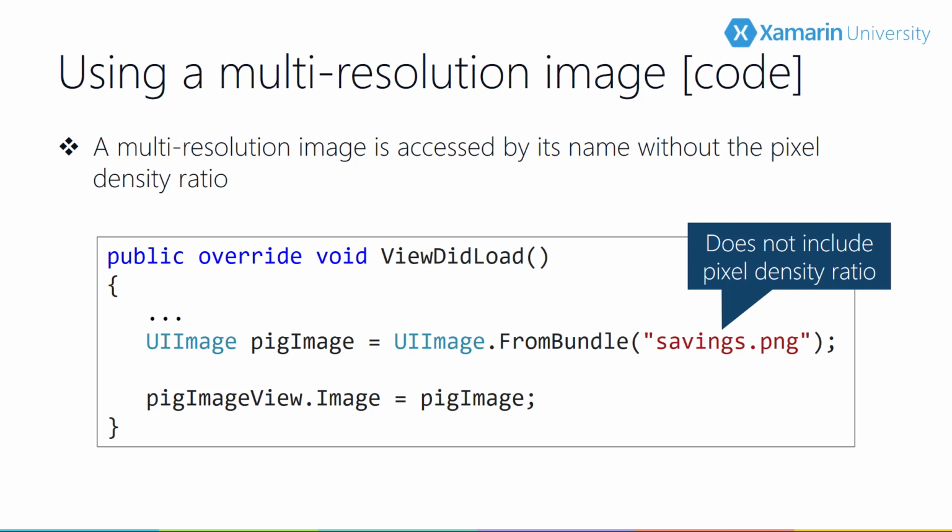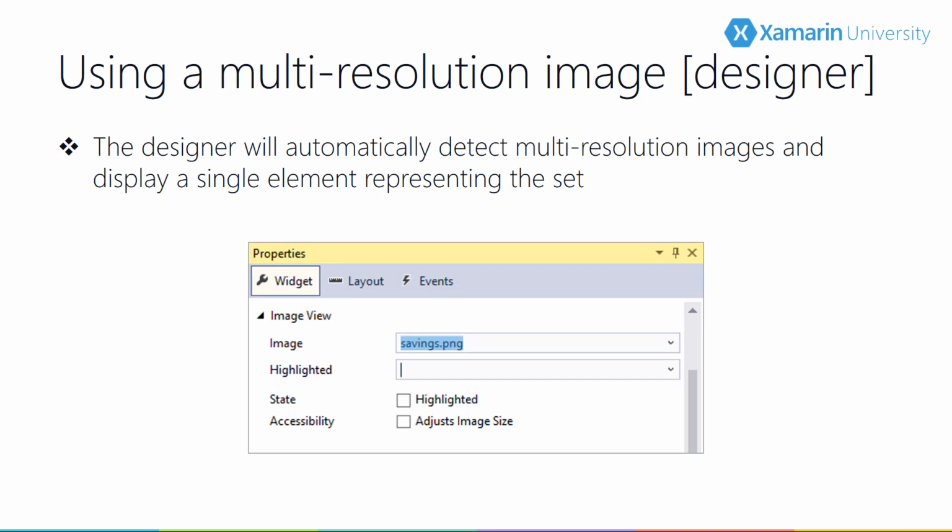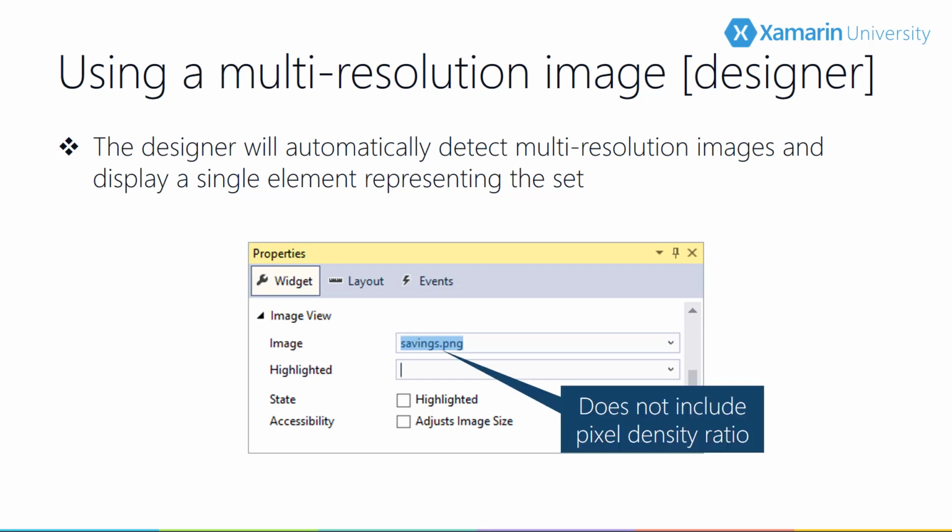That work will happen automatically behind the scenes, and it will choose the correct image for you. Now, doing it inside the storyboard is even a little bit easier because, once again, the image dropdown will be automatically populated with all the images. And once again, it will not display the pixel density ratio. That is automatically implied, and it will be chosen for you at runtime.